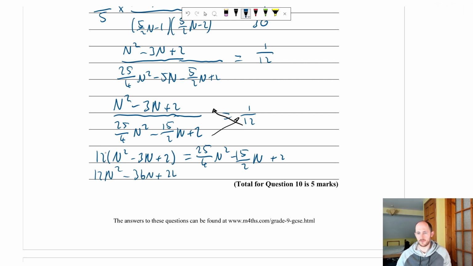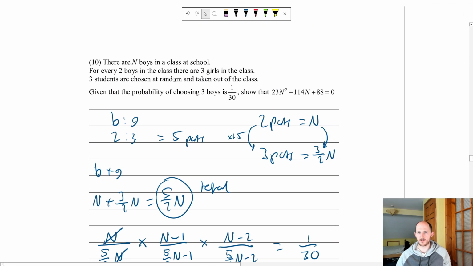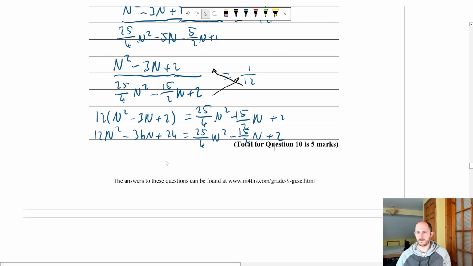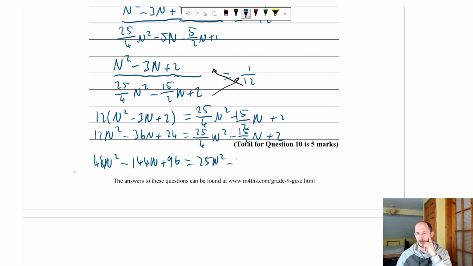We're going to have to times through by 4 to get rid of the fractions as well, because in our answer, if you notice, we don't have any fractions. We have to do that to both sides, so that's 48n squared minus 144n plus 96 equals 25n squared minus 30n.